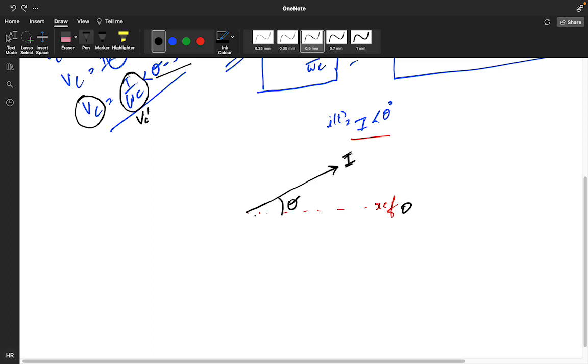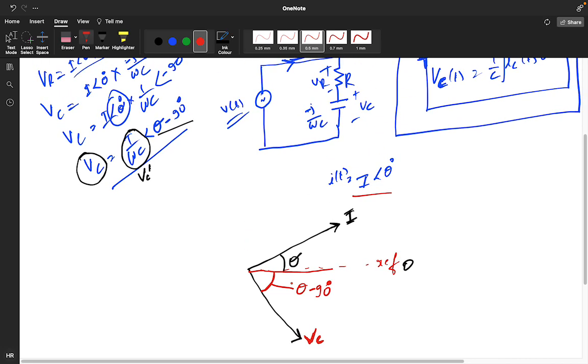Let it be like this. So some angle is there, with reference it is theta minus 90 degree. Suppose it's coming like this, I'm just taking randomly, and this particular angle from reference will be theta minus 90 degree. This is your Vc, right?